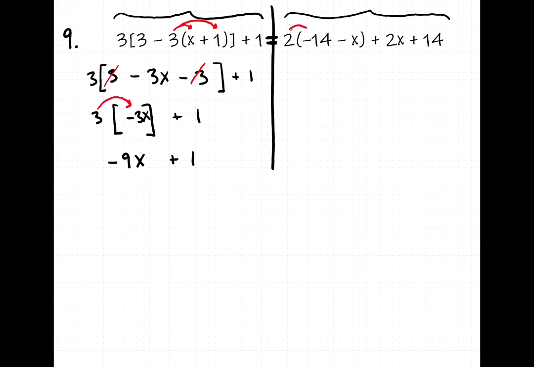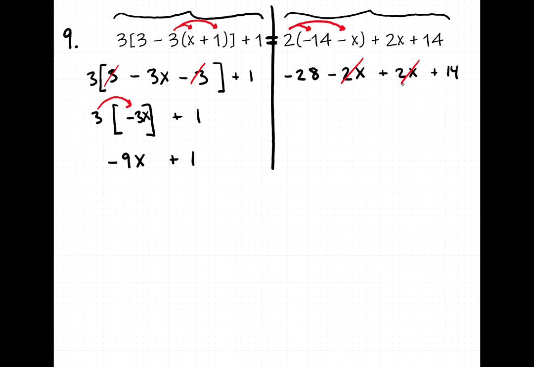So let's do the same thing to the right. We can multiply through that 2. So 2 times -14 should be a -28. And 2 times the -x, well, that's -2x. And then we've got a +2x and a +14. All right, so nice. Again, we have some canceling. We have a -2x and a +2x. So they cancel.